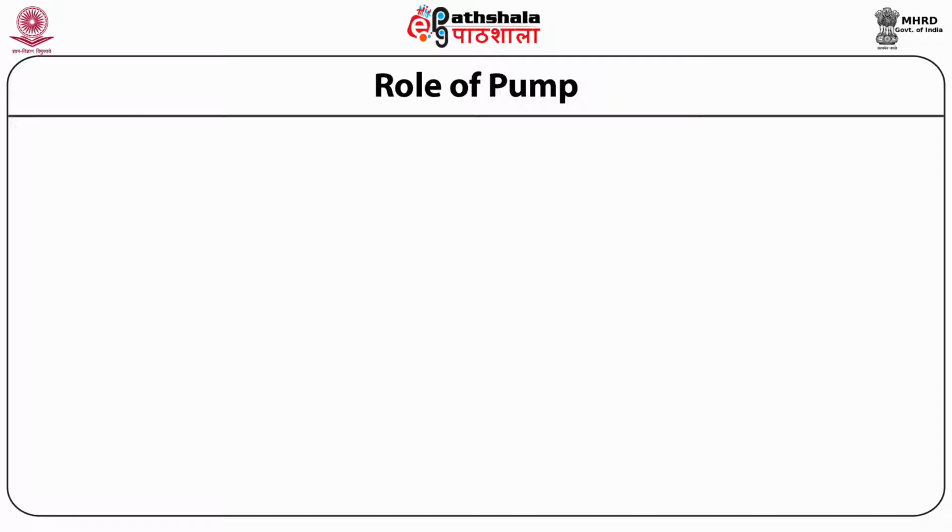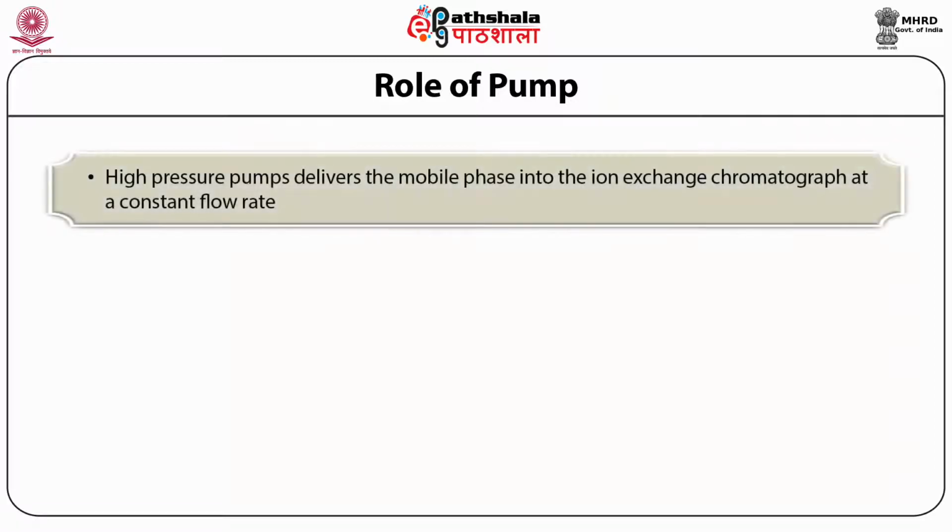Now, after discussing the mobile phase reservoir, let me tell you students about the role of the high pressure pump that is used in the ion exchange chromatograph. The high pressure pump delivers the mobile phase into the ion exchange chromatograph at a constant flow rate. Understand this, students.